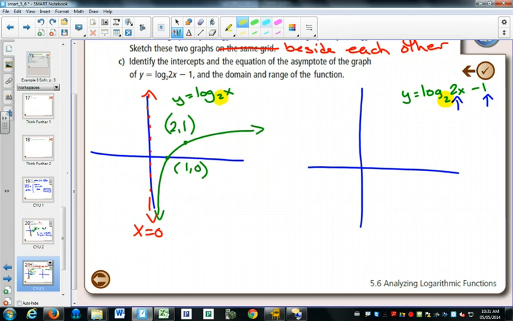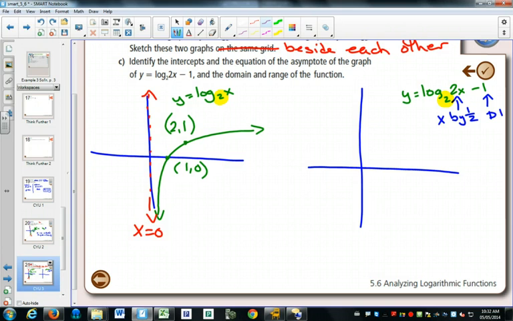So even though there's a number there, you have to know that doesn't affect what happens to the graph. So just this first 2, which is going to be a horizontal compression, you're going to multiply x by a half. And then the minus 1, is that inside the log or is that minus 1 outside? It's outside, so it's going to move it down 1.